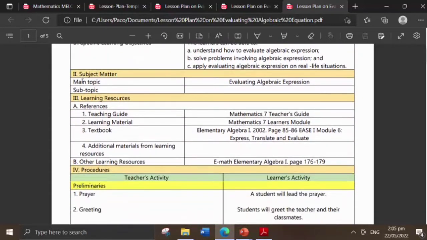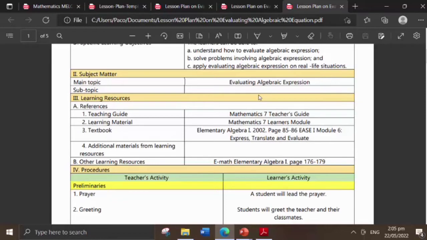For the second part, we have the subject matter, which contains the main topic and the subtopic. My main topic is evaluating algebraic expressions. If ever you have a subtopic, you can put it under this one or in this row for the subtopic. Moving on to learning resources, we have the references and other learning resources.